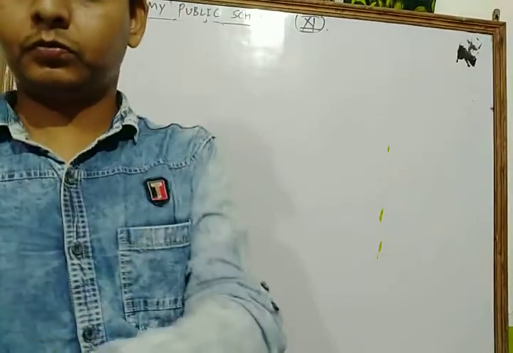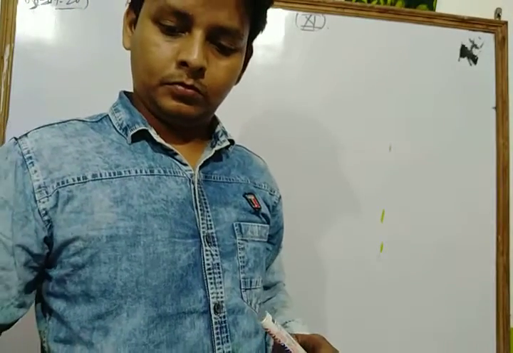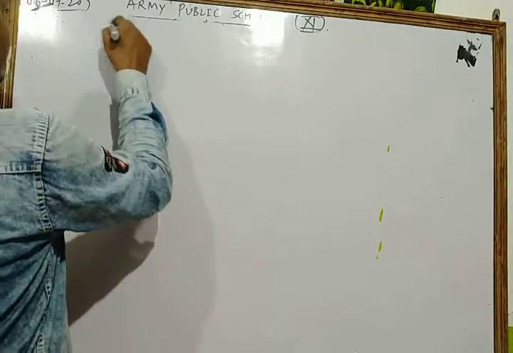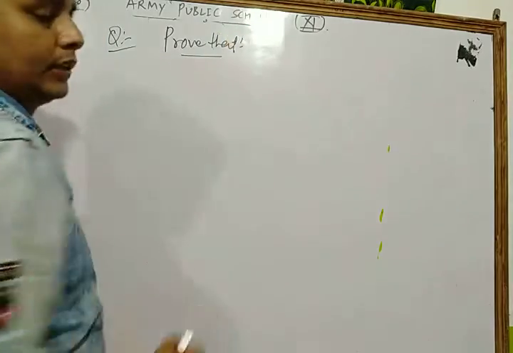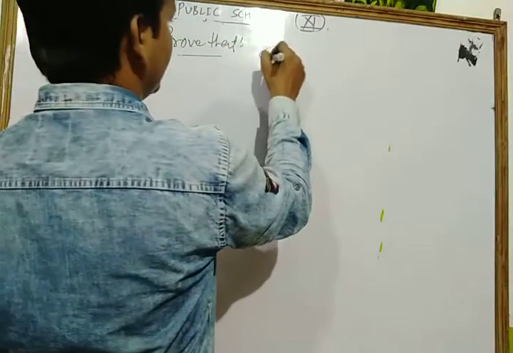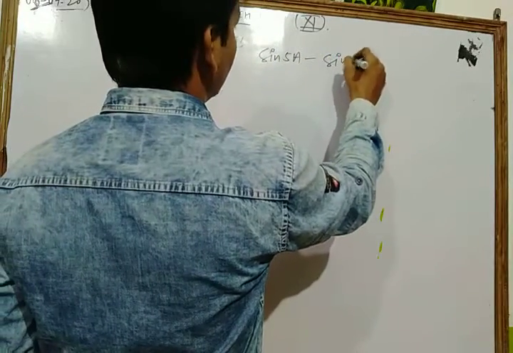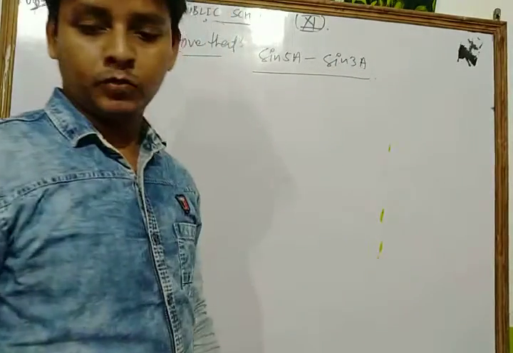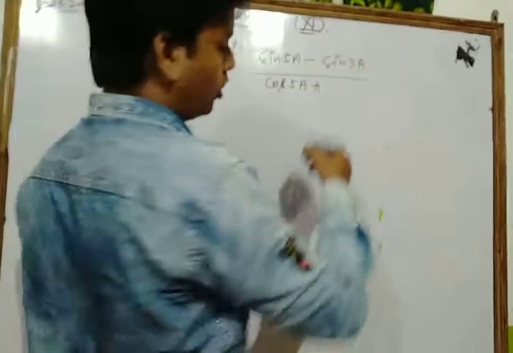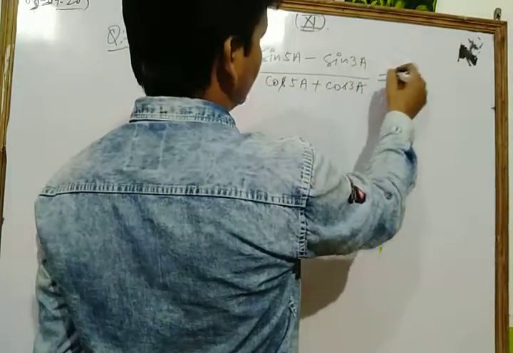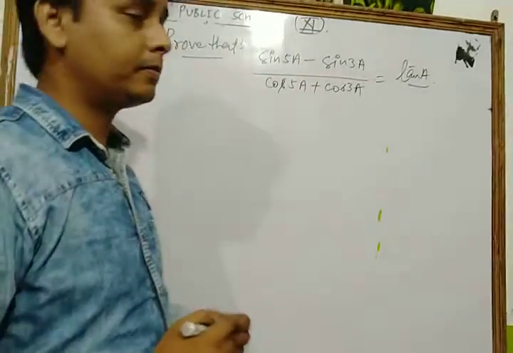Prove that sin 5A minus sin 3A upon cos 5A plus cos 3A is equal to tan A. This is the question here.